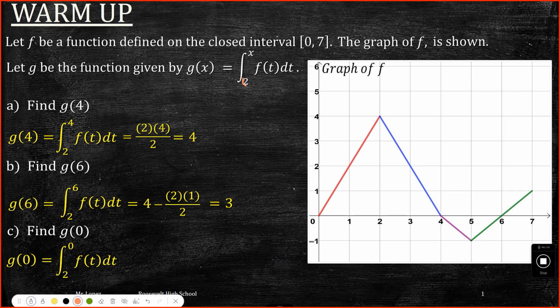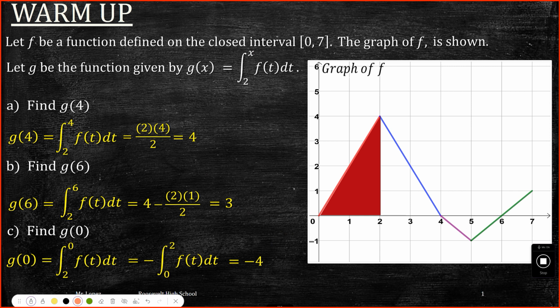When we go forward, this is positive, but if we go backwards, just make sure to put a negative in front of it. So if we start here and go this way, what's the answer then? 2, 0. Negative 4? Negative 4? Yeah.